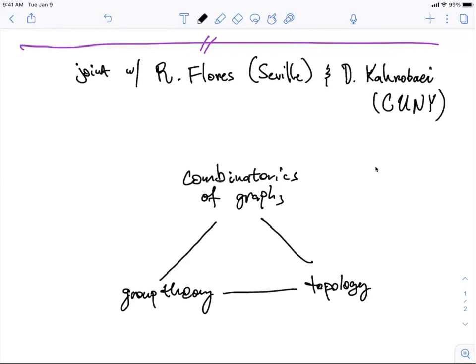What I'm mostly interested in are the interactions between the combinatorics of a graph and the corresponding group theory, and also between combinatorics of graphs and topology, where I'll spell out a little bit more what I mean by this.